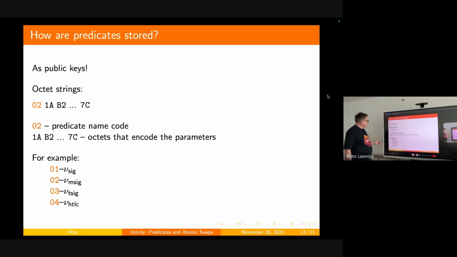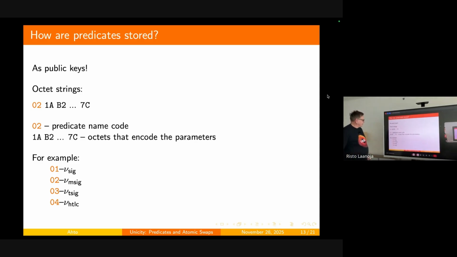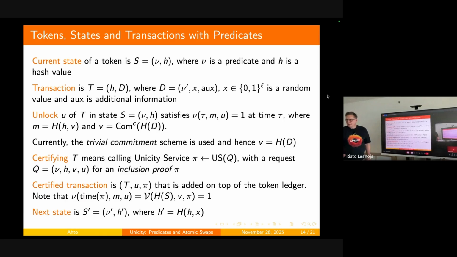The first octet, say, is a predicate code. I don't say that we have to implement exactly like this, but predicates are just octet strings, nothing else. Okay. Say again. It's the same mode as Bitcoin script. Yeah, it's a locking script.